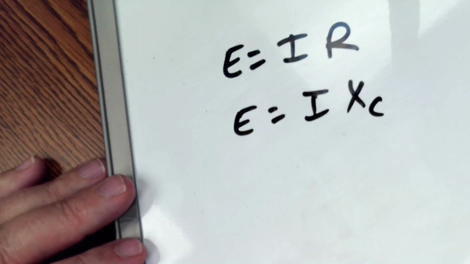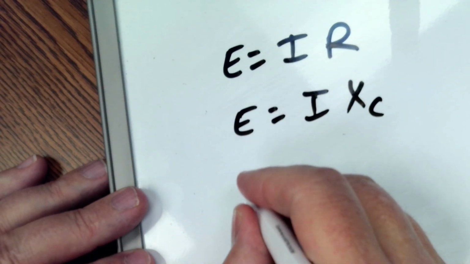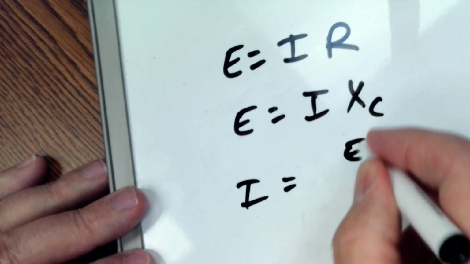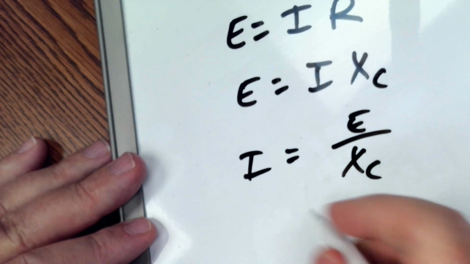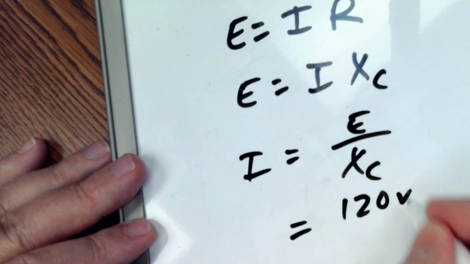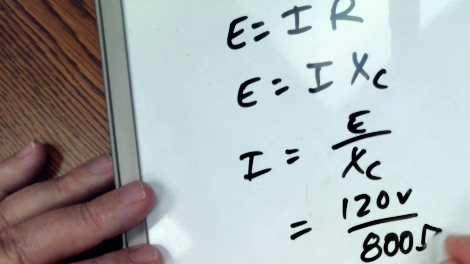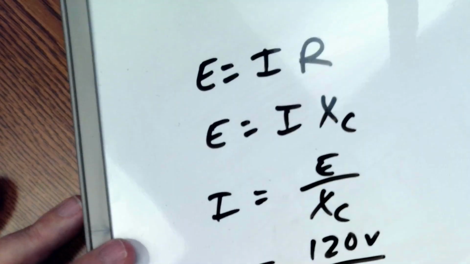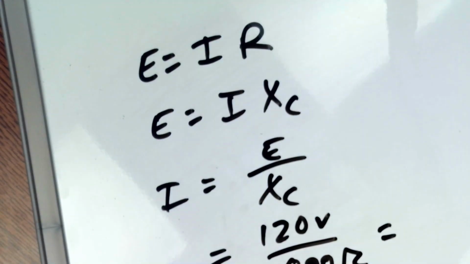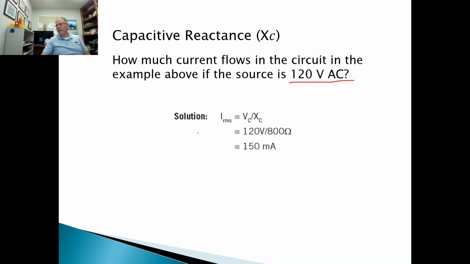Now we want to solve for current. So I equals E over X of C, which equals 120 volts divided by 800 ohms, and that will equal our solution here, which is 150 milliamps.